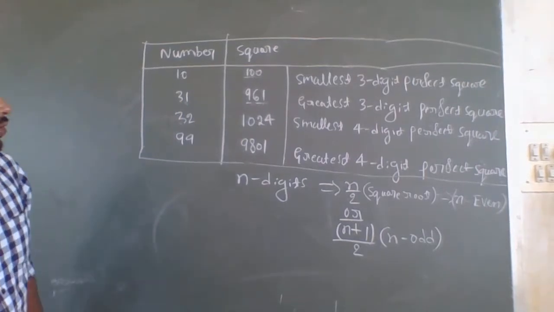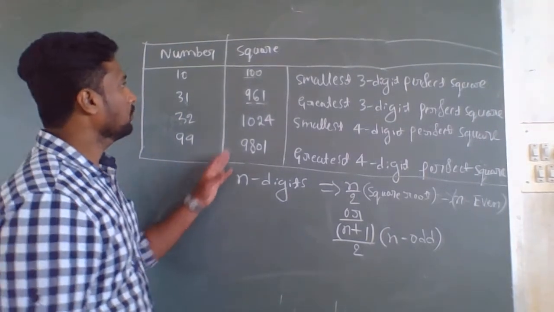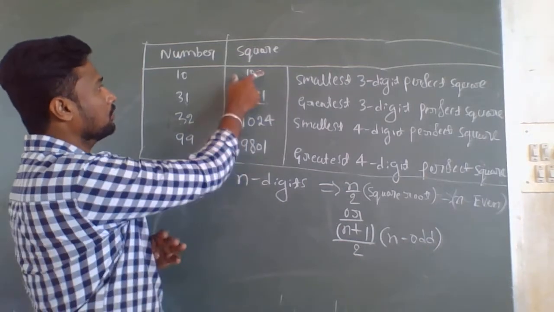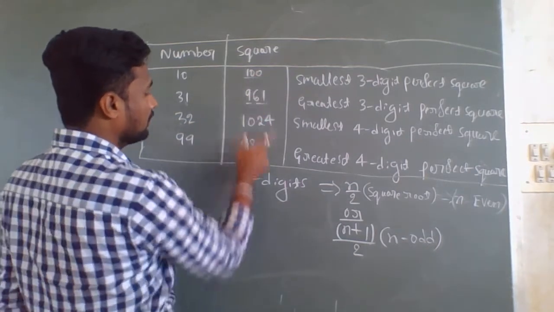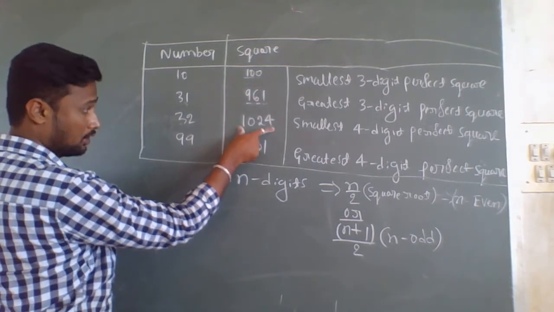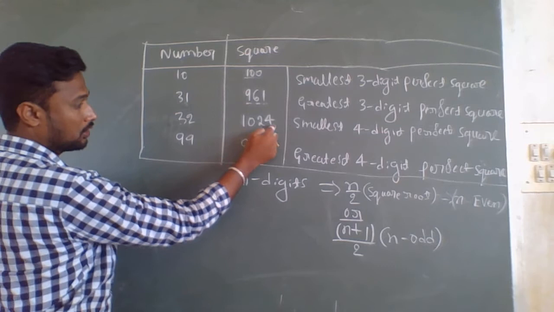Listen carefully. What are they given? If the square number, here you can see these are square numbers, contains n digits, means here it contains 3 digits. Here also it is 3. Here it is 4 digits: 1, 2, 3, 4.